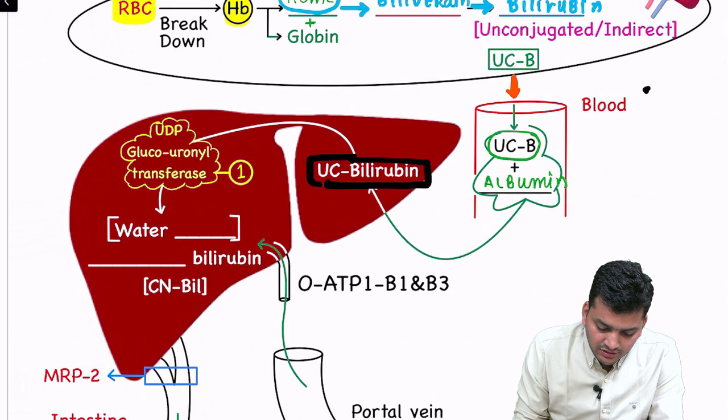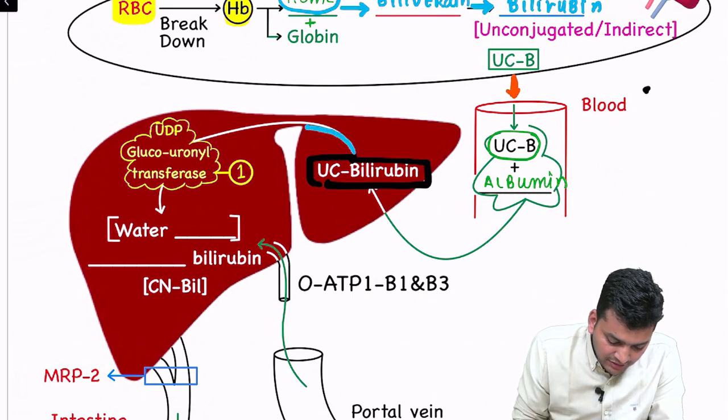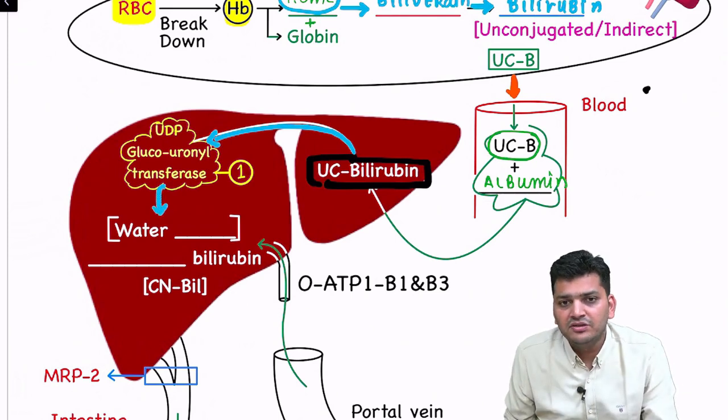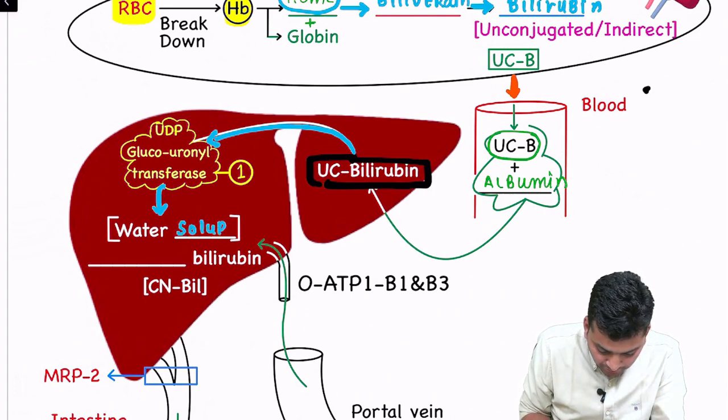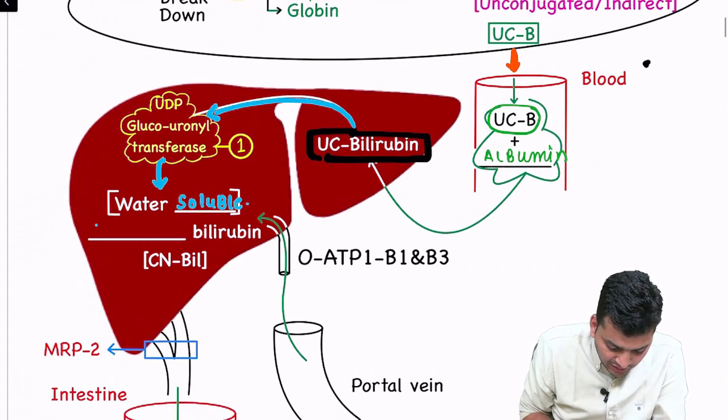That will convert the water insoluble bilirubin into water soluble bilirubin. This water soluble bilirubin is also called conjugated bilirubin or direct bilirubin.